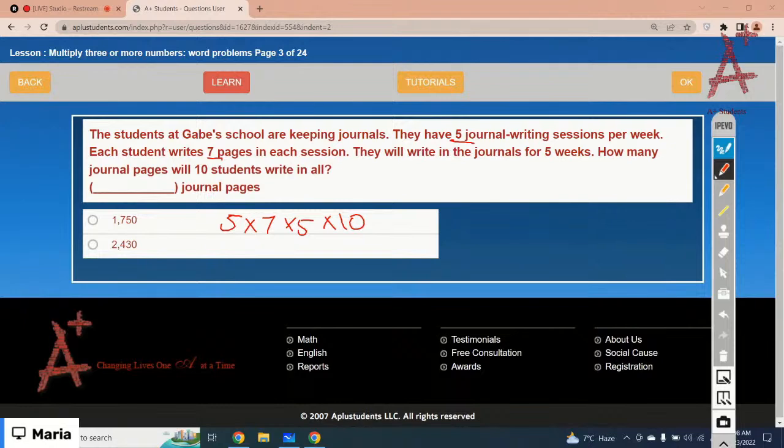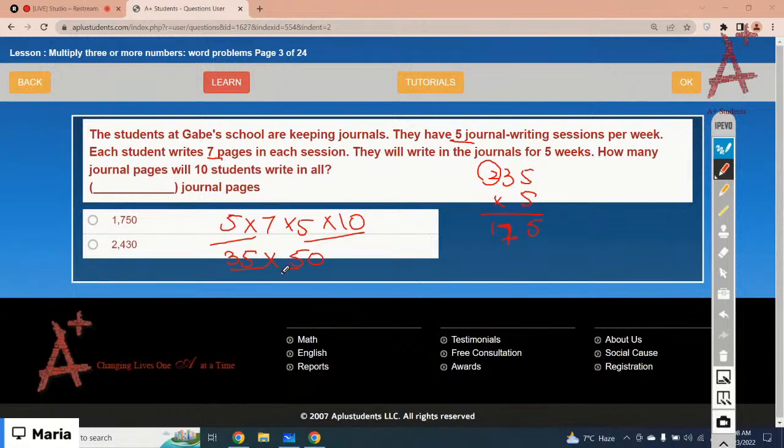Got it? So just pair up the numbers and multiply them. 7 times 5 is 35 and 5 times 10 is 50. Got it? Just do 35 times 5, multiply the non-zero values. 5 times 5 is 25, 5 and 2 carry. 5 times 3 is 15 and 2 is 17.